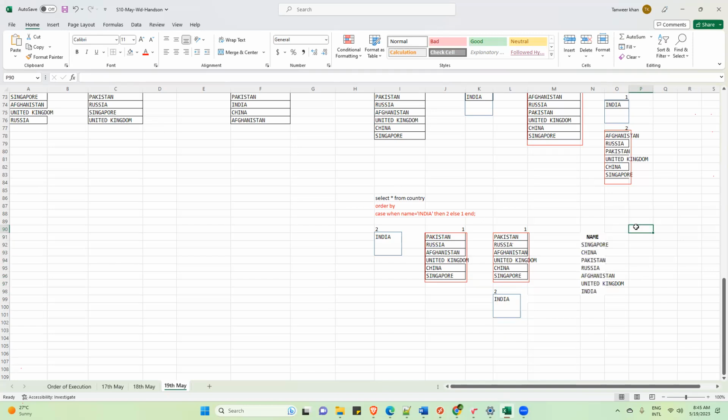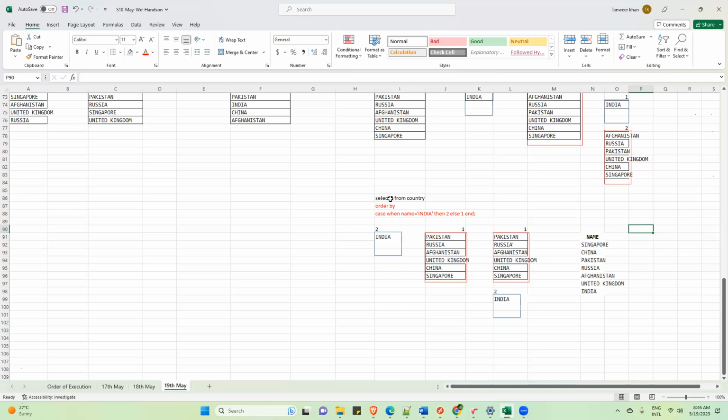I have one question regarding the order of execution here. Yeah, go ahead. Because select comes before order by. So order by didn't happen first, does it first select the things? It will first select the column you want to display.